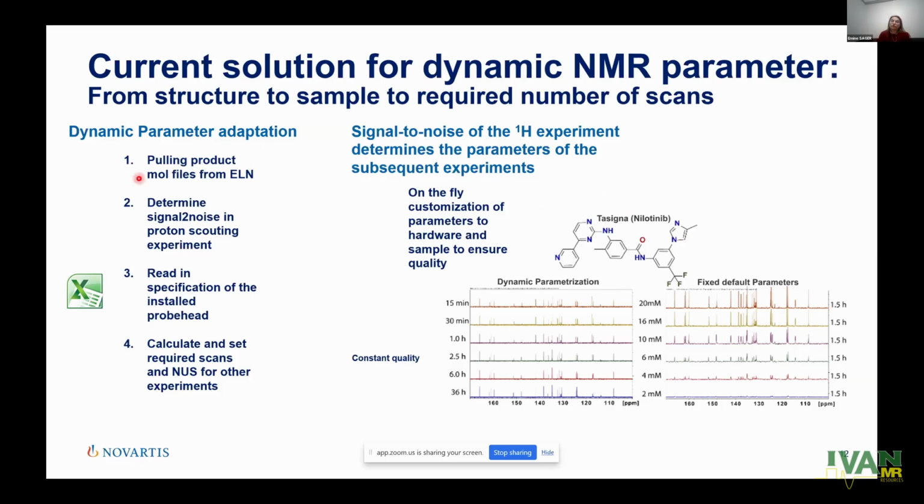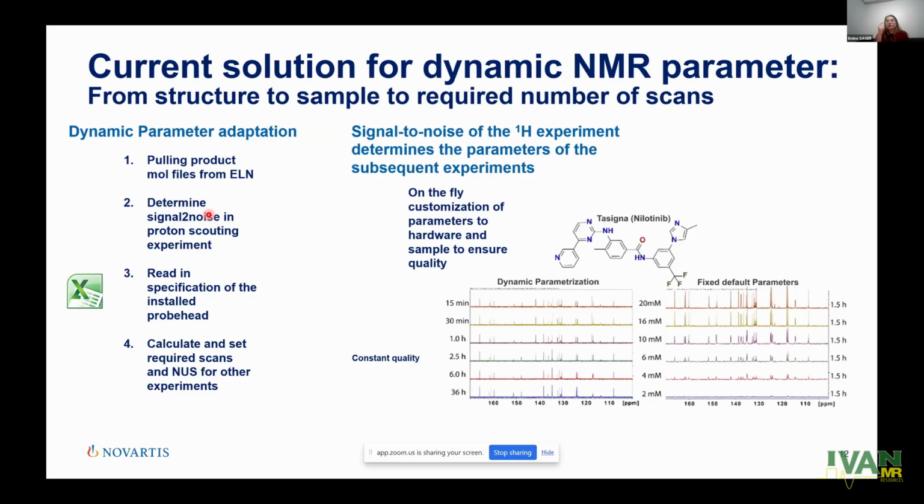So the first step is pulling the product mol file from the ELN. Then a proton is measured with a D1 of 10 and a ZG only. From this proton experiment, we will determine a signal to noise in a proton counting experiment in order to have the best signal to noise according to the structure.